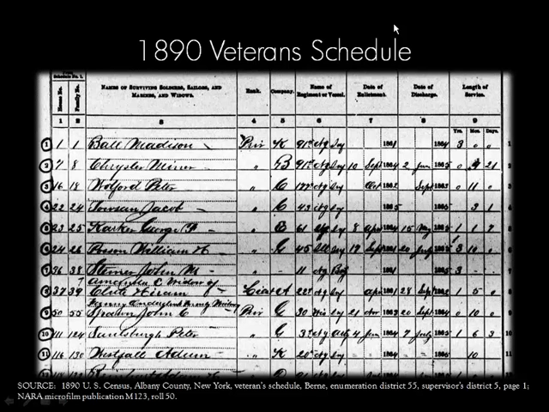He knows he served about 3 years from 1861 to 1864. He doesn't remember the information. The next line, you have a little bit more specific information. You can see he has the exact date that he served and the exact date of discharge and the length of service. So, just like with any census record, the quality of information that you're going to be able to gather is going to vary from person to person and household to household.